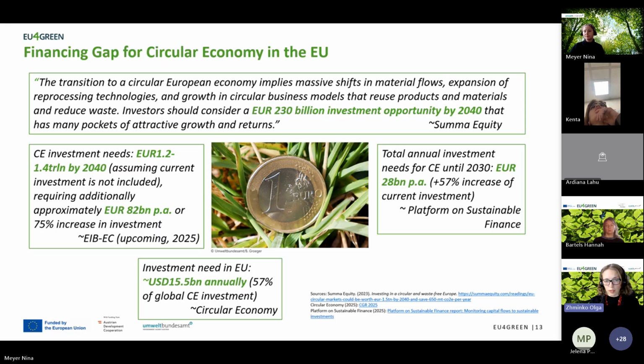Therefore, the amounts could also differ. So we understand that circular economy is a cross-cutting issue and sector agnostic, and therefore under some sectors which are already included under other environmental topics, circular economy can also be relevant.